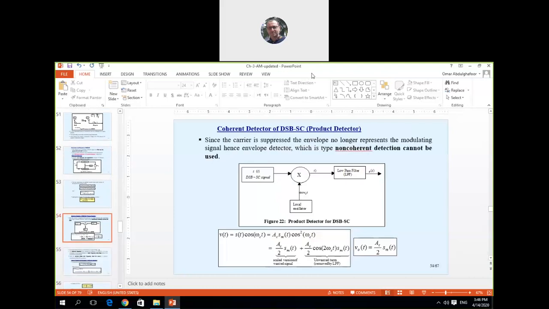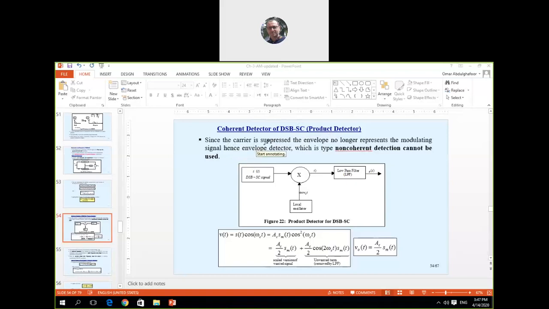The other technique, in terms of detection or demodulation, is what we call coherent detection, or synchronized detection. Here we have a very important note.